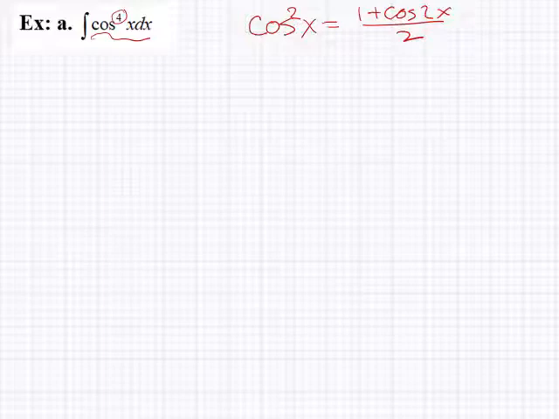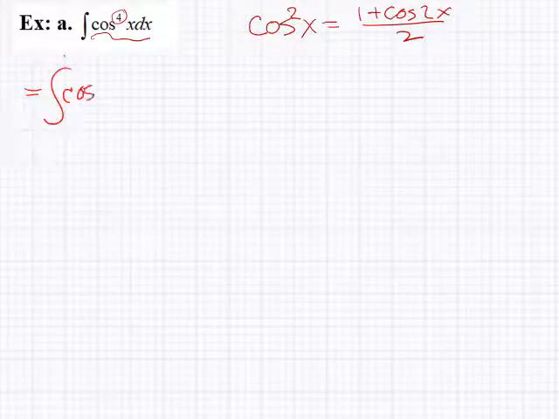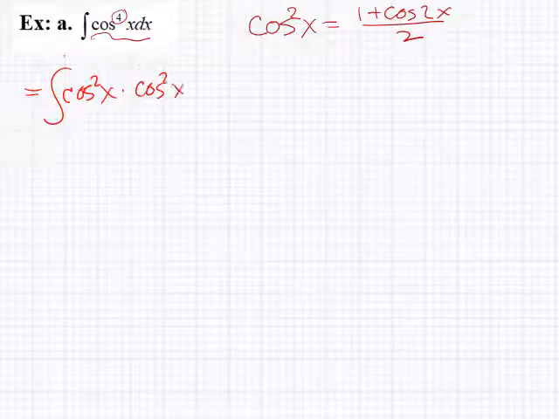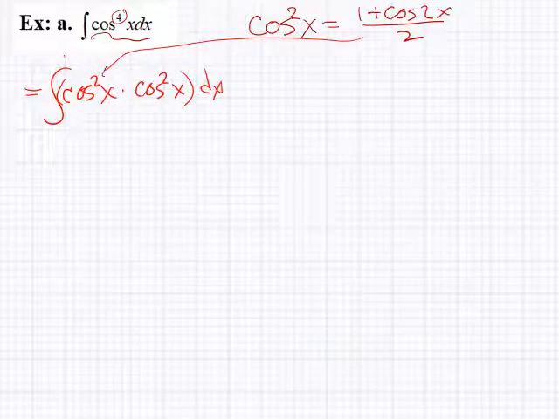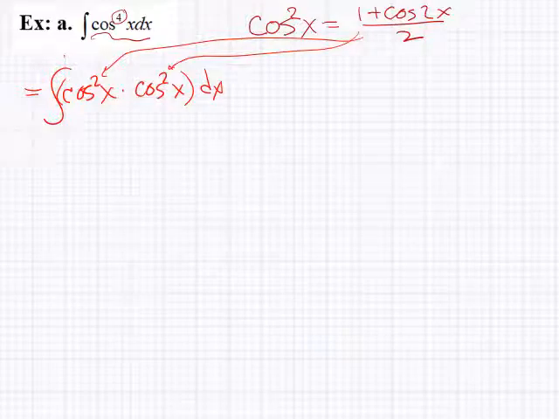So what I'm going to do is I'm going to write this as a square. Well, I can write it as 2 squares. So I get cosine squared x times cosine squared x dx. And I'm going to apply the power reducing identity here and here.